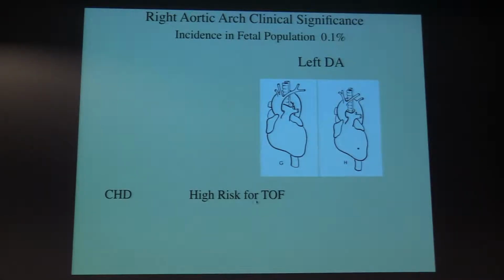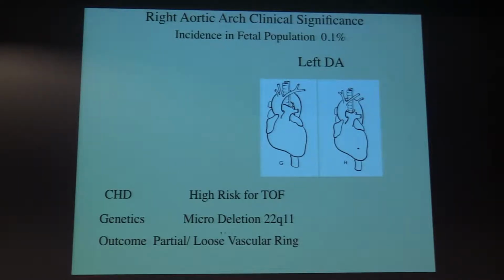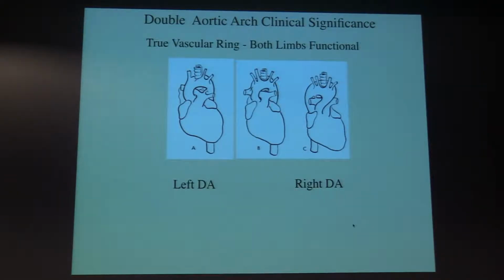We have a high risk for Tetralogy of Fallot if we have a right aortic arch with left ductus arteriosus, a higher risk of 22q11 microdeletion, and the consequence is a partial or loose vascular ring around the trachea and the esophagus.